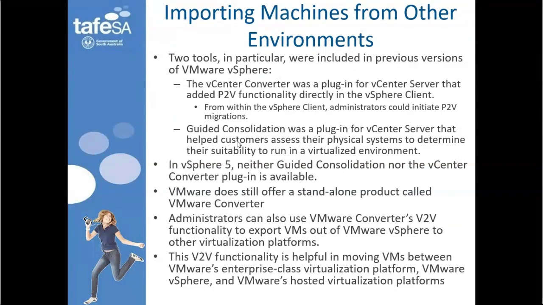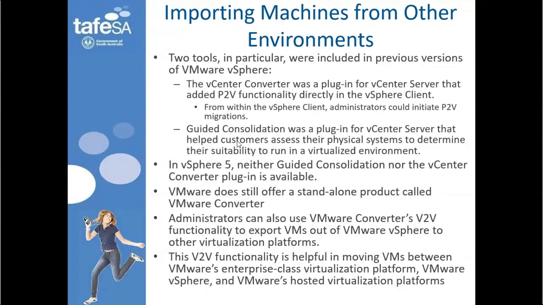It basically takes the physical hardware away and replaces it with virtual hardware, and it does it in a way so that you don't need to install new drivers or anything like that. From within the vCenter vSphere client, administrators can initiate a P2V migration.